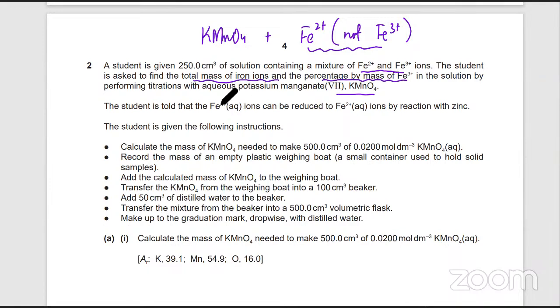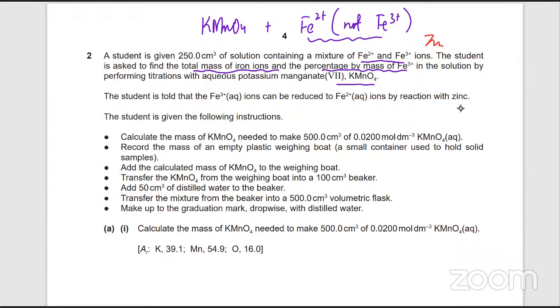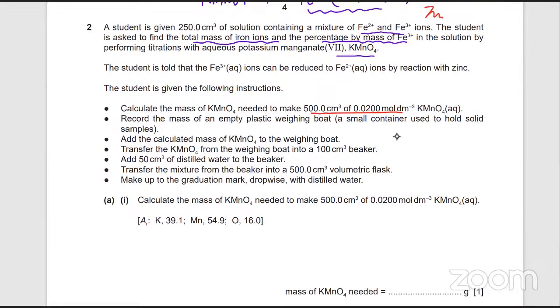So then he says that the Fe3 plus ions can be reduced to Fe2 plus by reaction with zinc. तो वो कह रहा है zinc डालो, तो if you add zinc, then your Fe3 plus will get converted to Fe2 plus. So calculate the mass of KMnO4 needed to make this much KMnO4. So either moles का question है, so find out कर लो कितना होगा. That's moles is concentration times volume, 0.02 times 500 divided by 1000 times the MR. Moles into MR is mass.